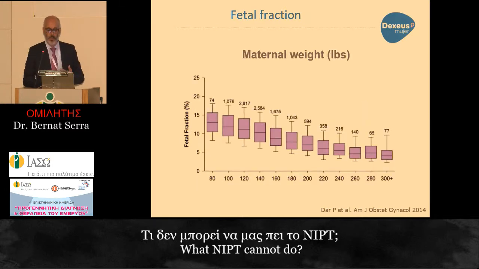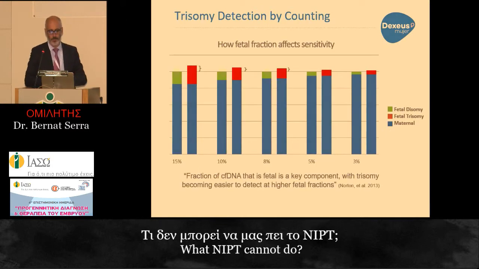Also, as I told you, maternal weight has an impact on fetal fraction, not only because the fetal fraction is lower, but because in obese patients there is a higher amount of cell-free DNA coming from the mother herself. So if a patient is very obese, it is probably not a good idea to perform NIPT.